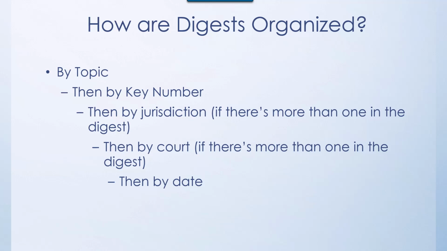That's the topic analysis. And that shows how the topic is organized by key number. Then within the listings under the topic, you would turn to the key number you're interested in. The case abstracts are listed there along with the citations to the cases.